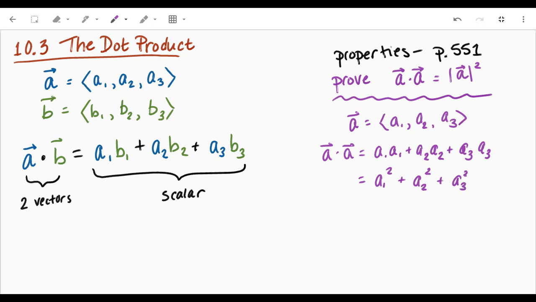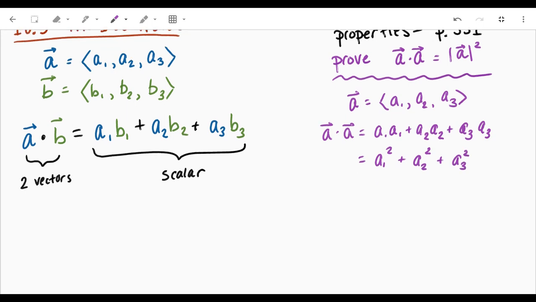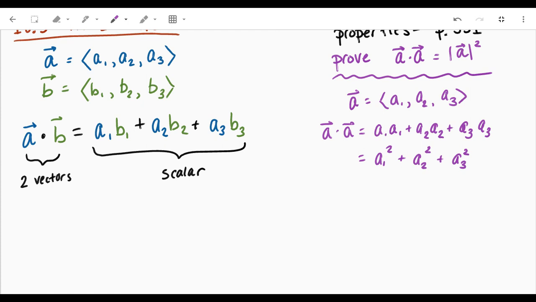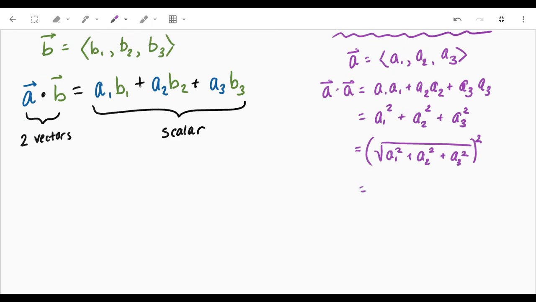Remember, when you're doing a proof, you try to stick to one side. And so that is the magnitude of vector A squared.